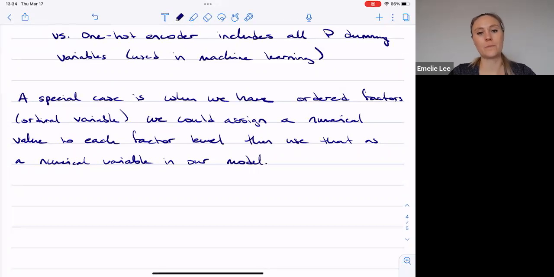So that's kind of cool, right? Because then you've captured that ordering, right? Small numbers are going to have the first order, and then the large numbers are going to have the largest order, right? And so you've been able to capture that with just a numerical variable, right?